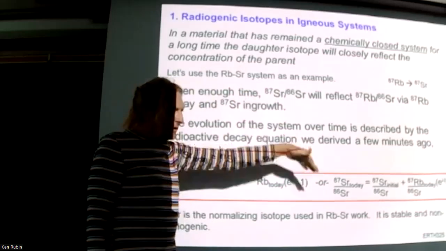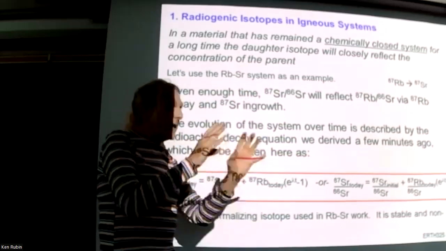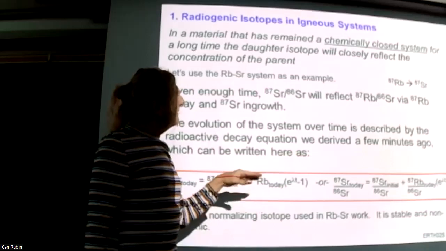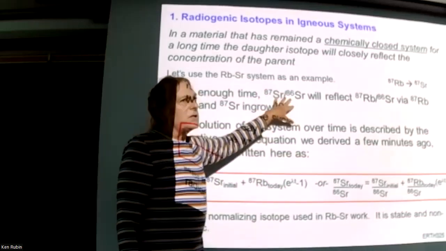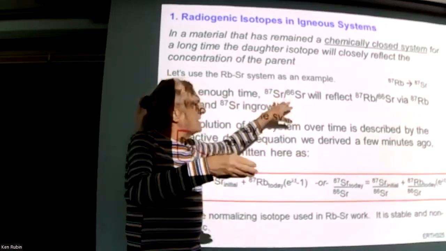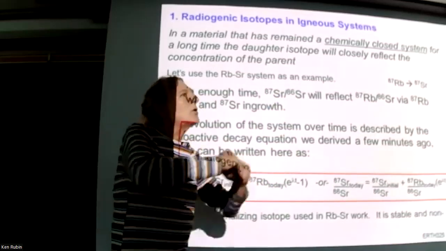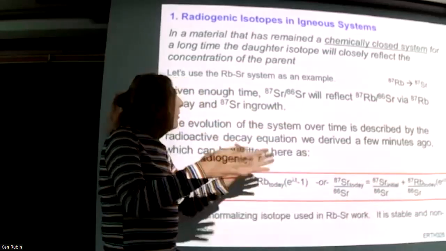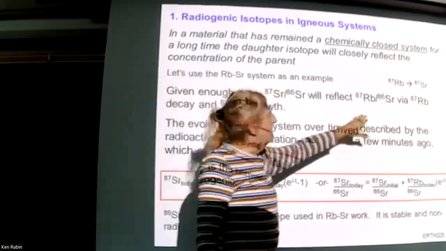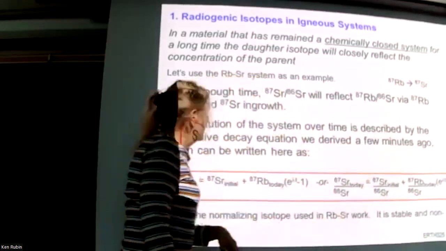So for instance, you got a parcel of mantle and every billion years something happens to it, and then we measure the 87-86 isotope ratio in it, it's going to reflect in a time integrated sense some fraction of what happens in each one of those events. The longer ago it happened in the past, the more of it will be reflected in this ratio because of the very, very long half-life of rubidium.